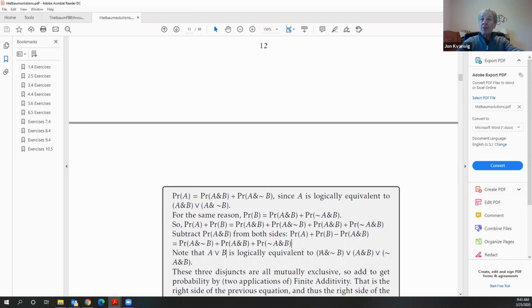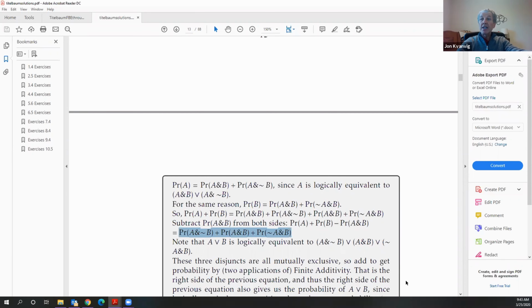So add to get the probability by two applications of finite additivity. So turn this into a plus sign and that into a plus sign. And then that's this line above it.